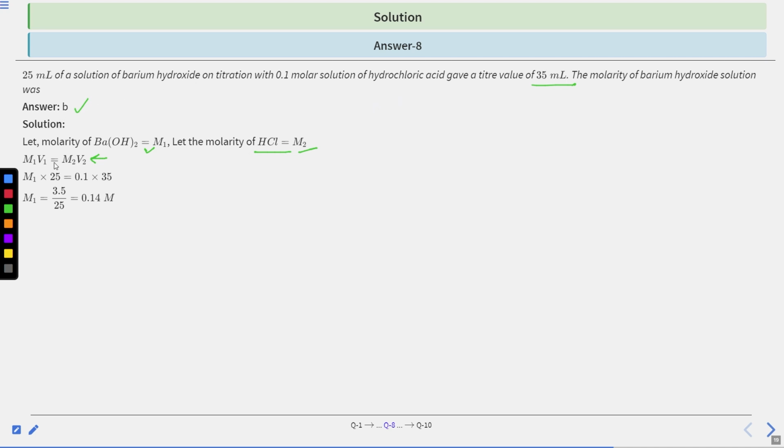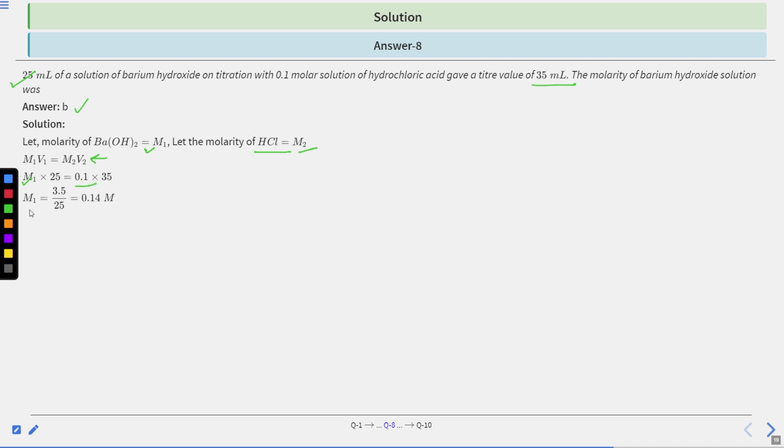So M1 into V1, which is 25 ml, equals M2, which is 0.1, into V2, which is 35. So the 25 ml of barium hydroxide uses 35 ml of hydrochloric acid. So molarity into volume should be the same. Number of moles should be the same.